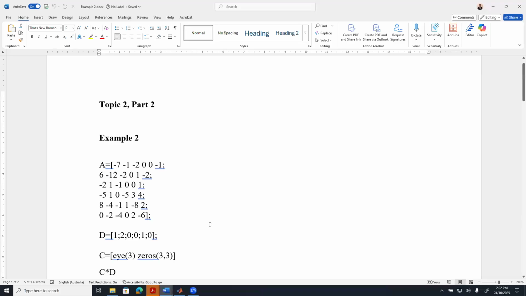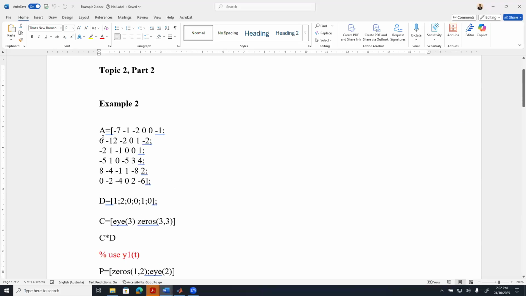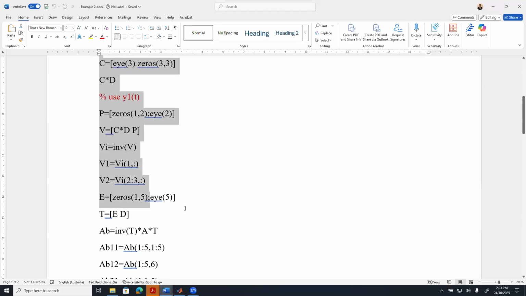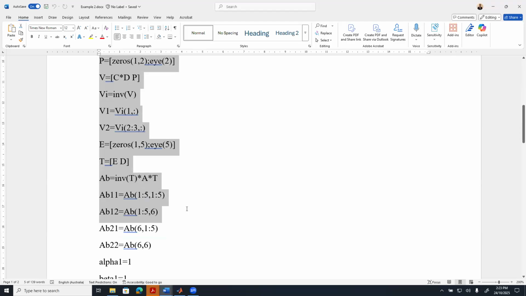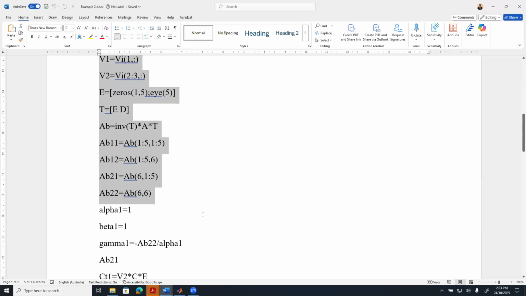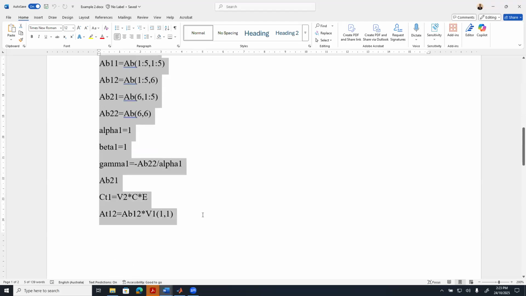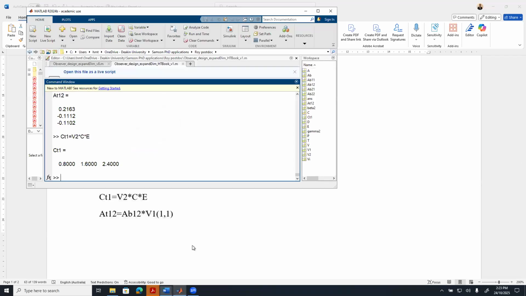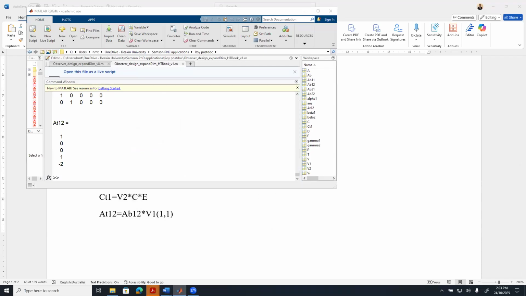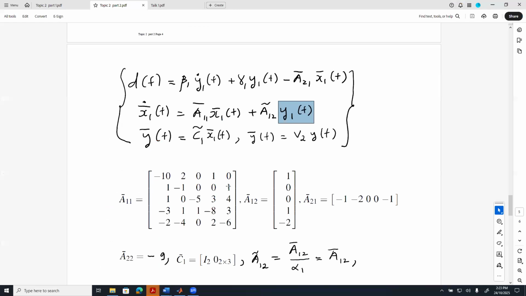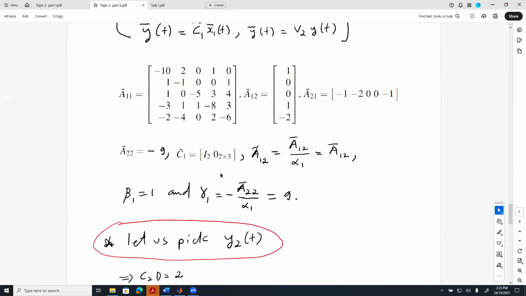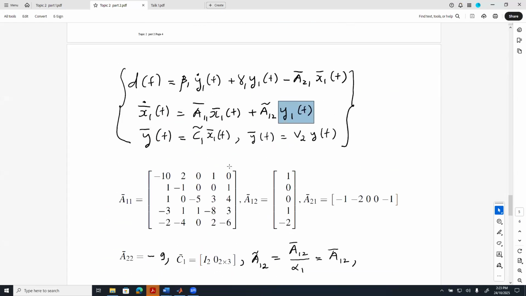this example where we enter all the commands, we enter the matrix P, V, T, and then we do the decomposition, and then we obtain the rest of the submatrices. And so we obtain the reduced order system.